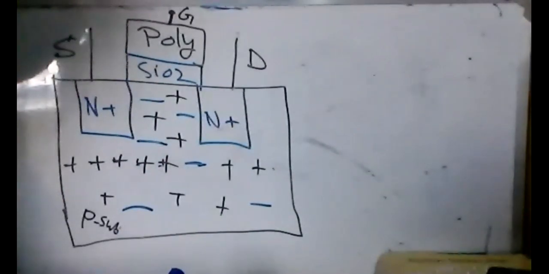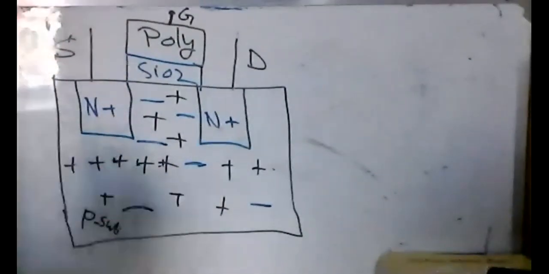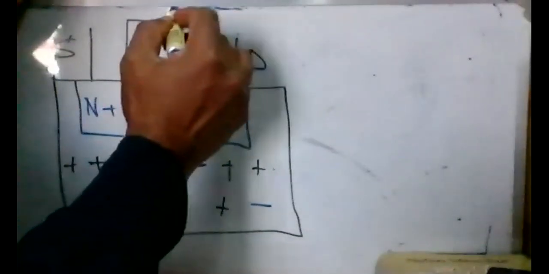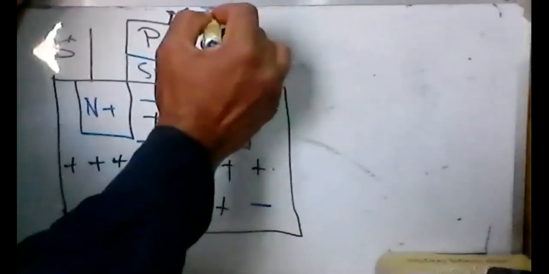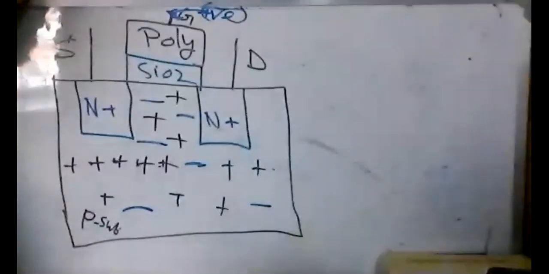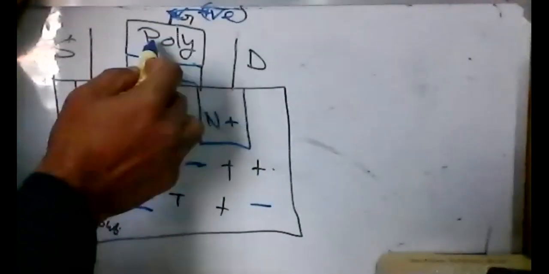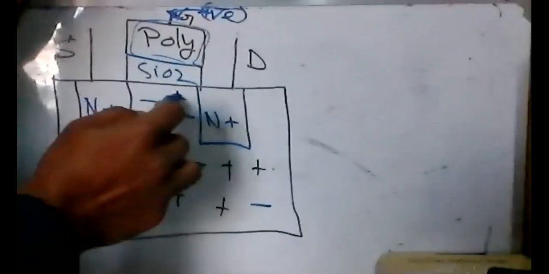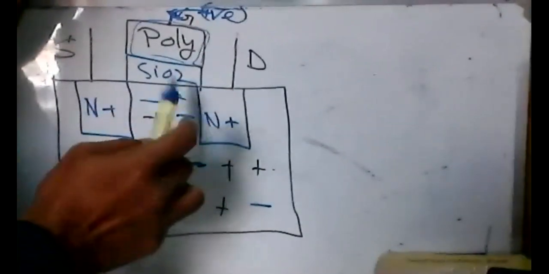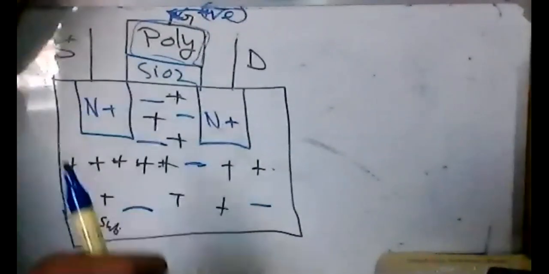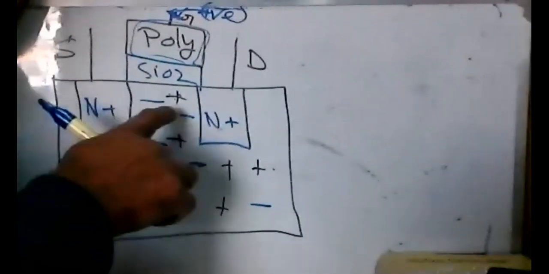Now what we do is apply a positive voltage at the gate. If we apply positive voltage at the gate, what will happen? There will be a repulsive force between the free holes and the positive voltage.